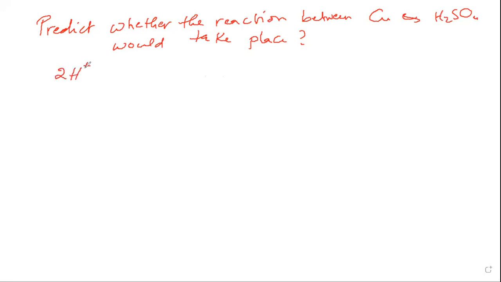So it says that hydrogen ions plus 2 electrons gives hydrogen gas. And we know that the E naught value of hydrogen ions, hydrogen gas, is equal to 0 volt.